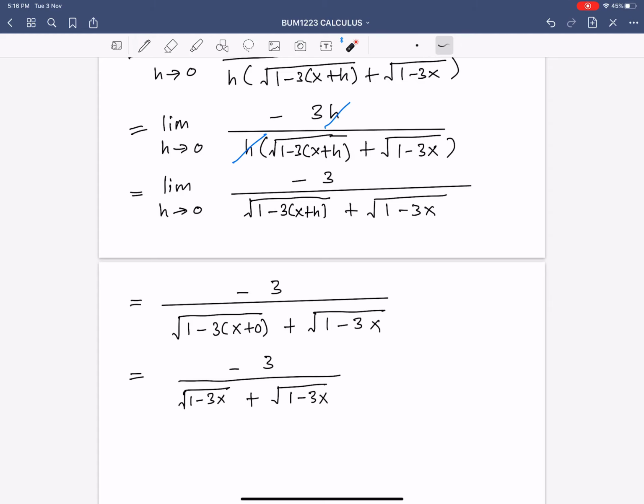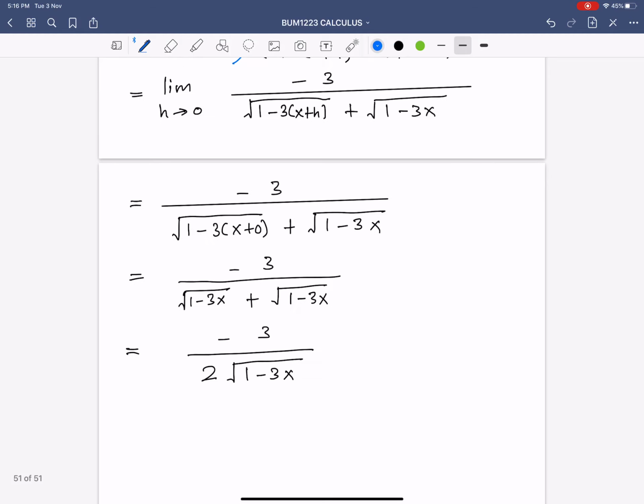In the denominator, we have root of 1 minus 3x plus root of 1 minus 3x. It is like a plus a, which is equal to 2a, and our a is root of 1 minus 3x. Again, I repeat, it is like a plus a, equal to 2a, where a is root of 1 minus 3x. Therefore, we get negative 3 over 2 times root of 1 minus 3x.